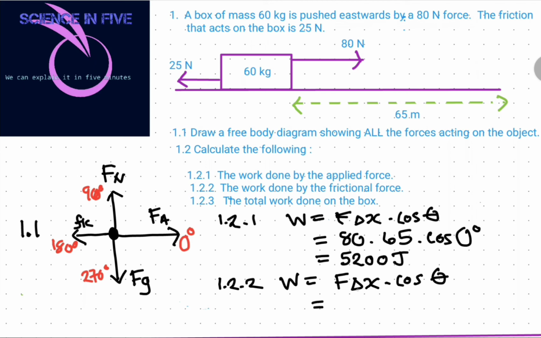This will be equal to 25 times 65 times cos 180 degrees. Now we use the calculator. You end up with negative 1,625 joules. We're going to leave it as a negative work.